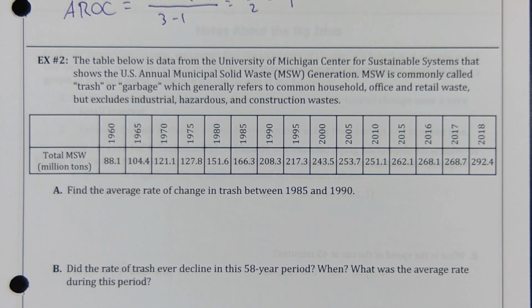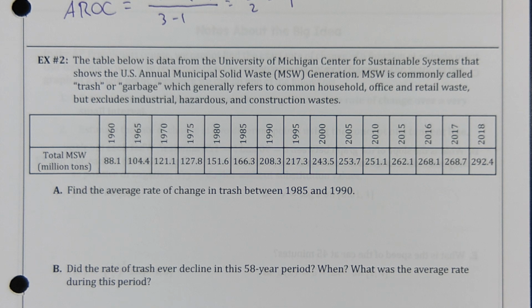The table below, oh, by the way, AP, College Board, they love to take real world chunks of data and ask questions about them. It really puts an application spin on the kind of math that we're learning. The table below is data from the University of Michigan's Center for Sustainable Systems that shows the U.S. annual municipal solid waste, the MSW generation. MSW is commonly called trash or garbage.